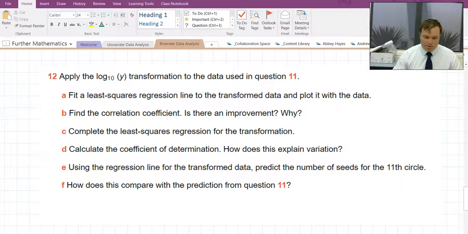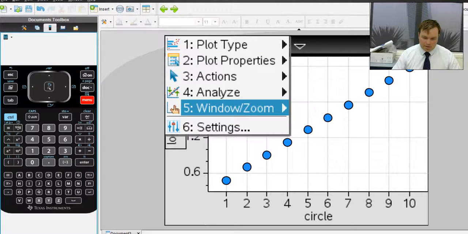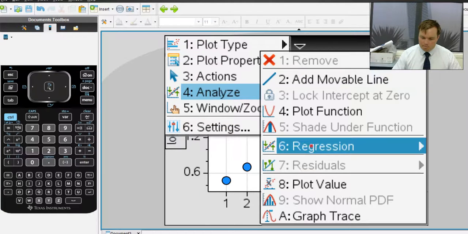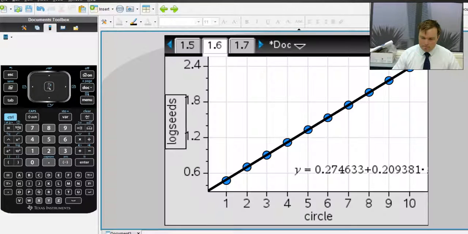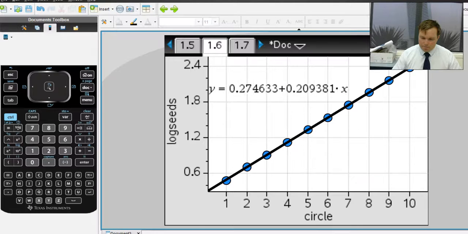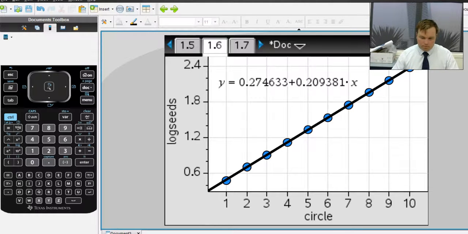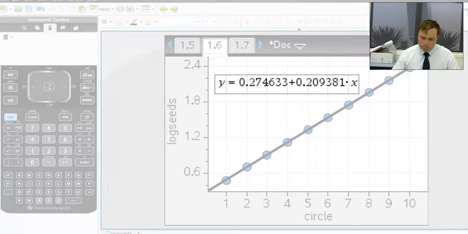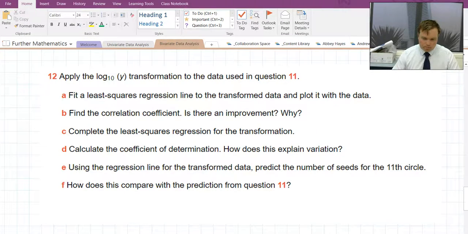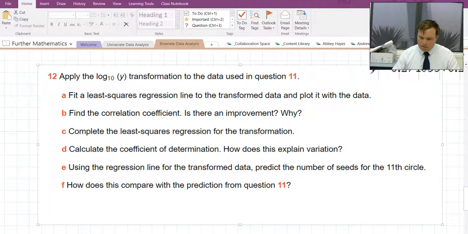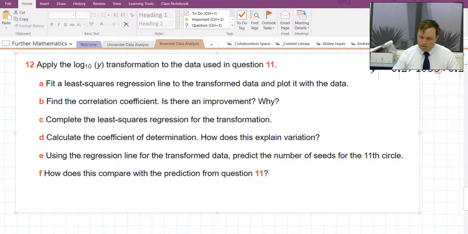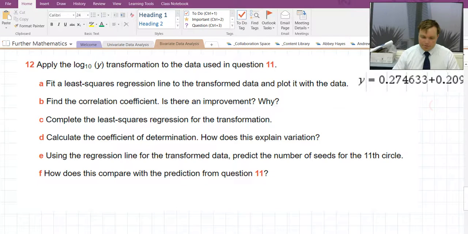Now, what was the rest of the question asking? It was asking to fit a least squares regression line and plot it with the data. So let's plot a least squares regression line. Nice. Find the correlation coefficient.